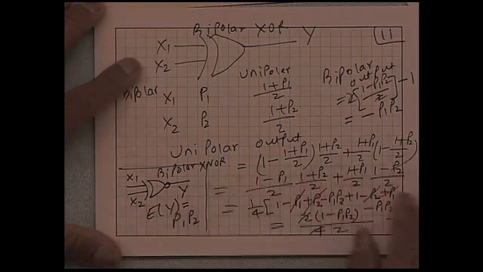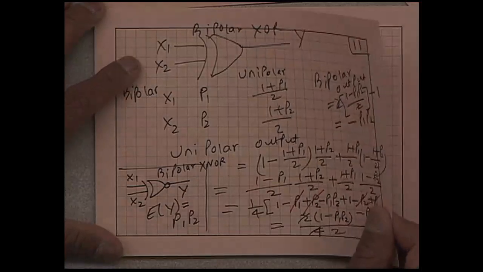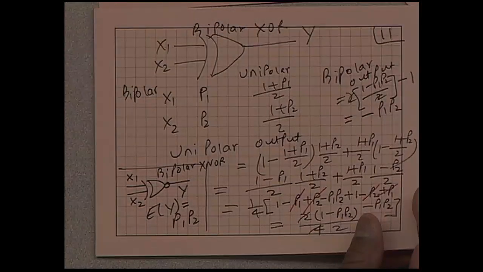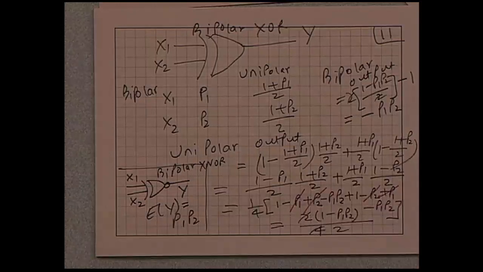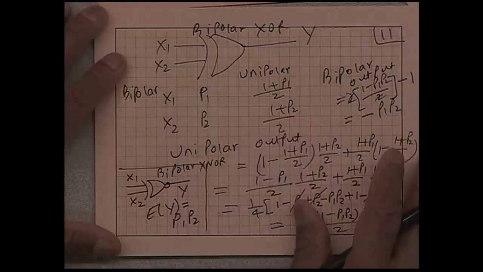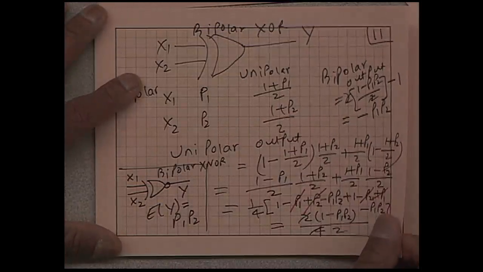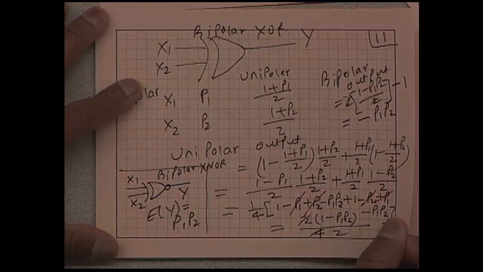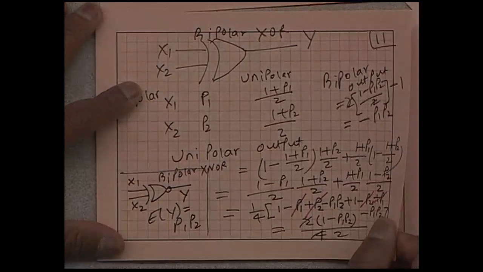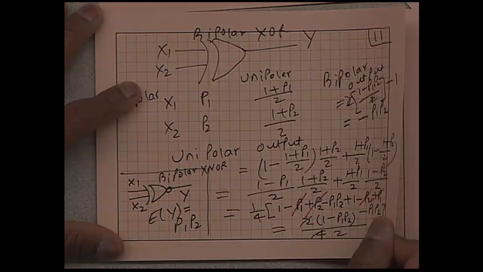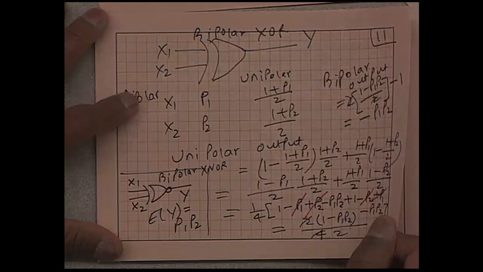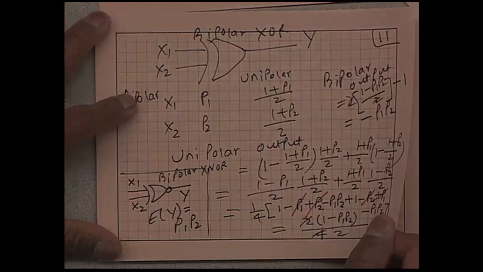Okay, we are talking about bipolar. We'll talk a little more about how to analyze these gates in different formats. But let's spend a little time talking about inner product, because that's really what digital filters are computing at the end.